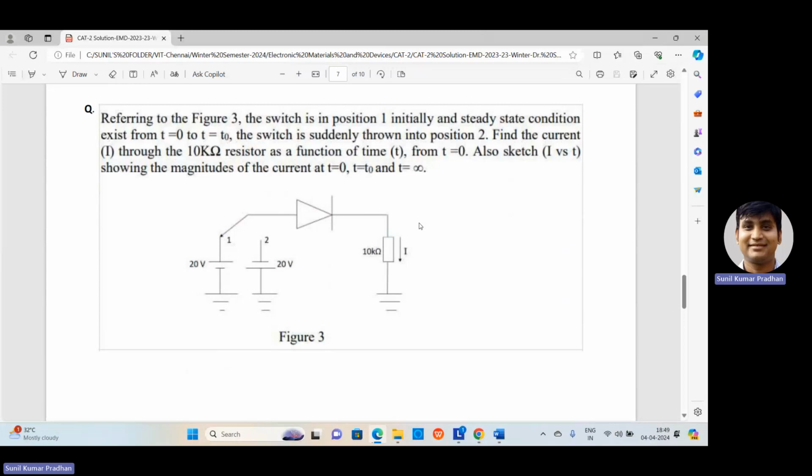And also we have to sketch the current with respect to time. That means time will be your independent variable and current will be your dependent variable. So you have to plot a sketch, showing the magnitudes of current at t is equal to 0, t is equal to t naught, and t is equal to infinity. Okay. So how can we solve this question? So let's proceed with the solution.